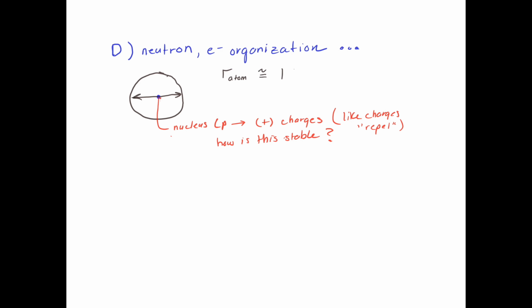So the radius of an atom in general is on the order of 1 angstrom, which is 10 to the negative 10th meters. And the size of the nucleus, the region of space where all the protons were, was on the order of 10 to the negative 5th angstroms. So a tiny, tiny, tiny region of space at the center of the atom.